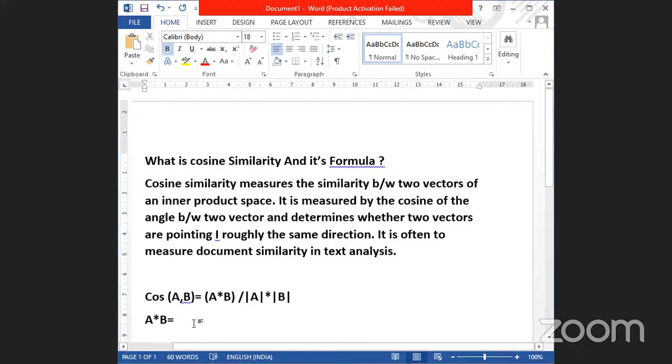So basically, A is the first entry and B is the second entry. If you want to find A into B, what will be row one and row two? Then we go with row one and first column.